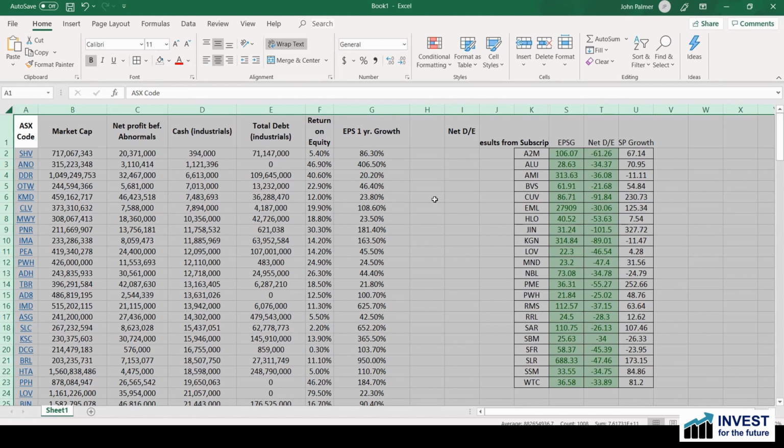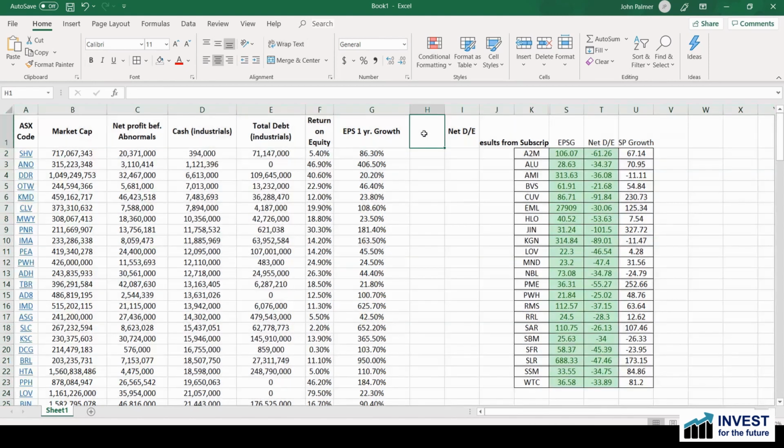So we need to do some calculations. We need to first of all work out what the equity on this company is. Equity. Let's put that in as bold. That'll do. Okay, so to get the equity, what we need to do is get the net profit and then divide it by the return on equity.